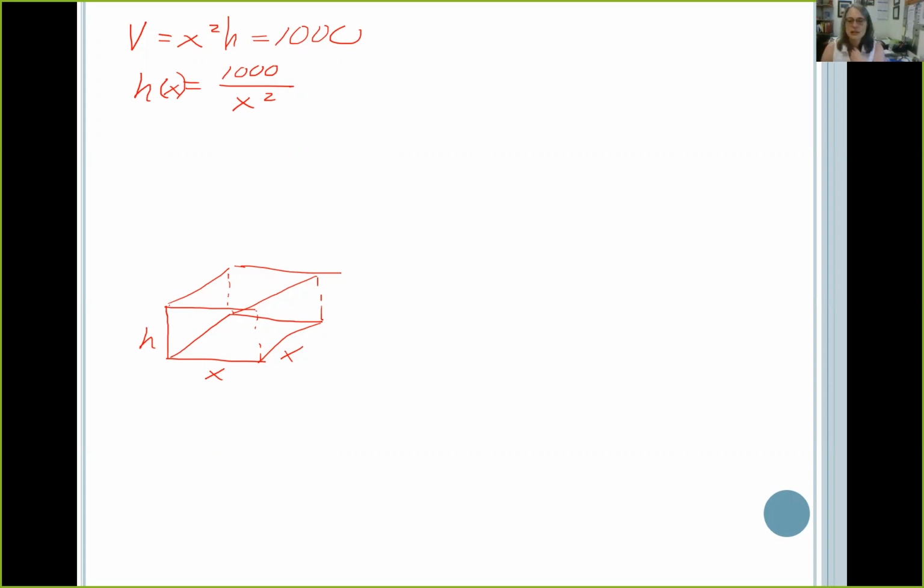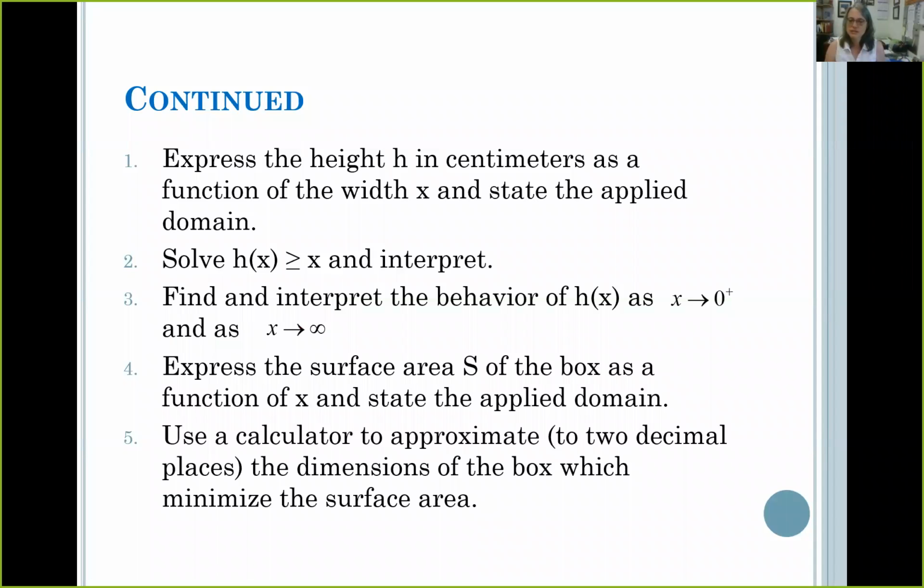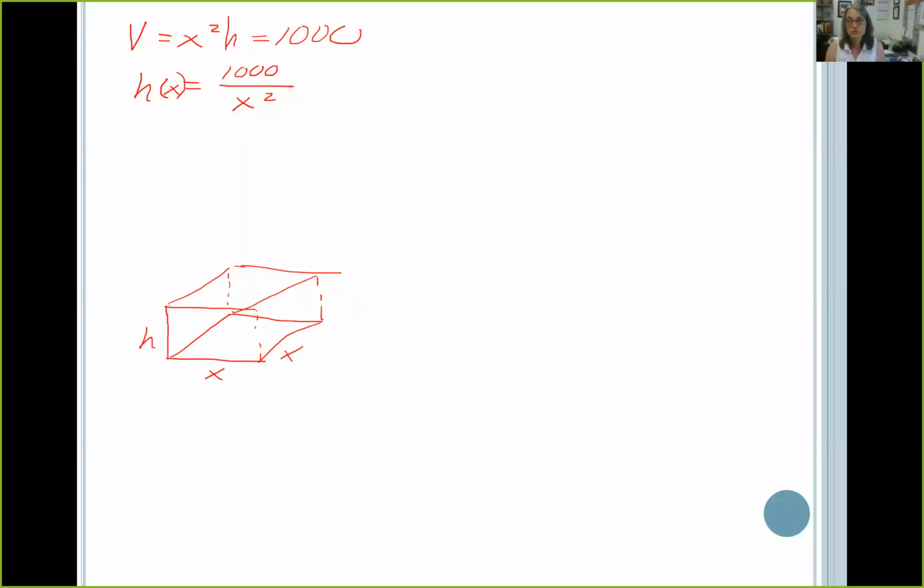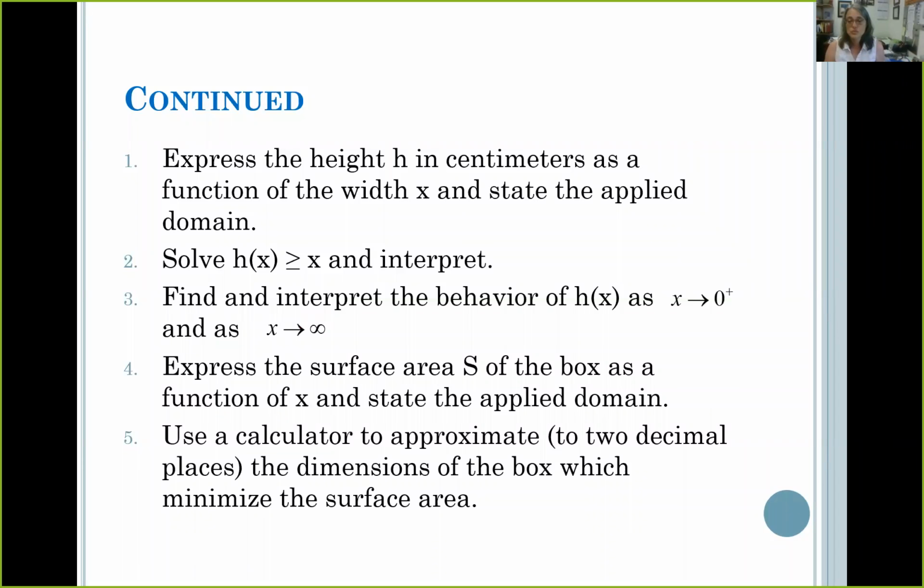Okay, so what does that mean? Well, it's a rational function, right? It's going to have a vertical asymptote at 0. What else does that mean? What happens as x gets smaller?